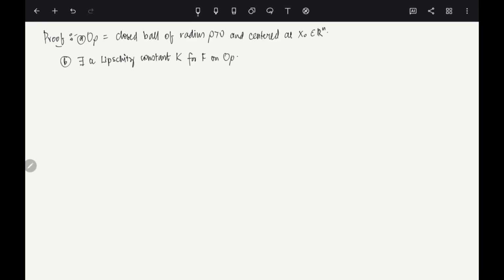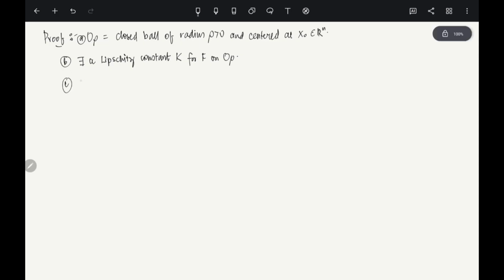Of course, it's bounded, so it's a compact set, and f you are given to be a C1 function in omega. So when f is restricted to O rho, we know that it is locally Lipschitz, and hence there is a Lipschitz constant, right? Okay.